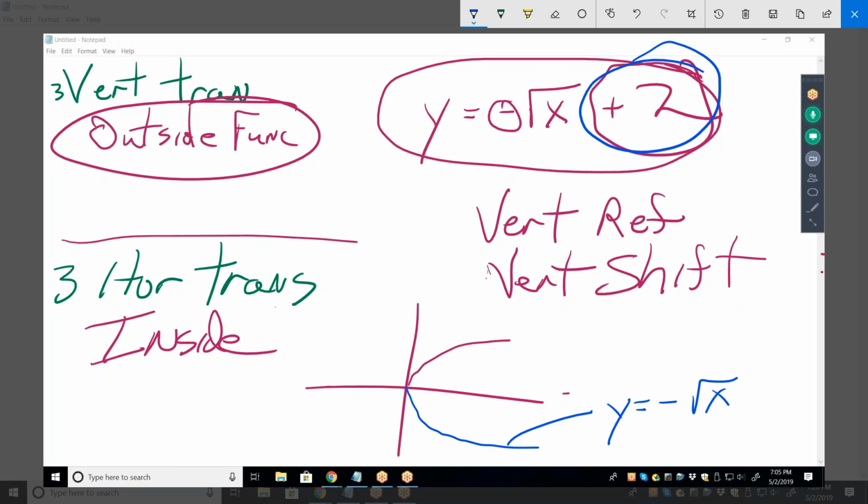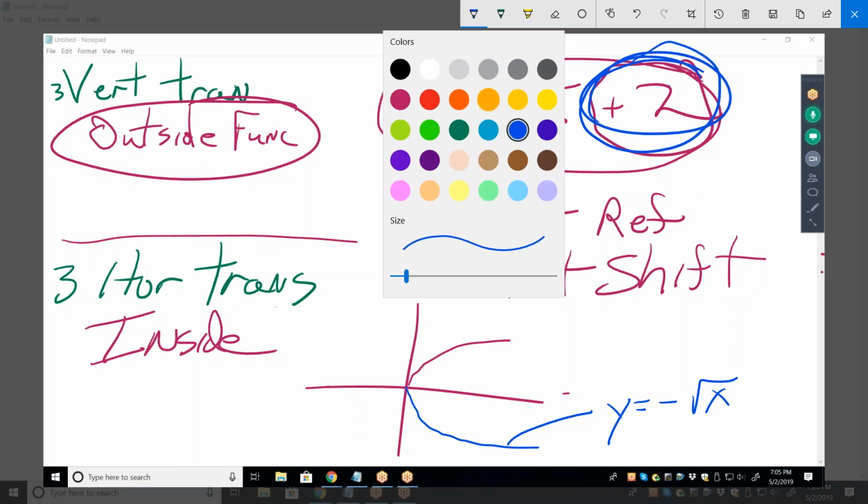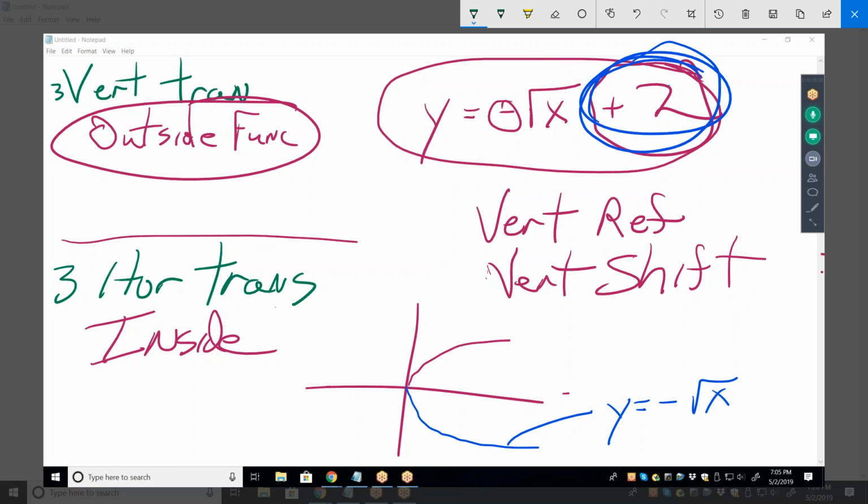Okay. Now I have to apply the vertical shift. What's that going to look like? Which color line, and what do I do with it?